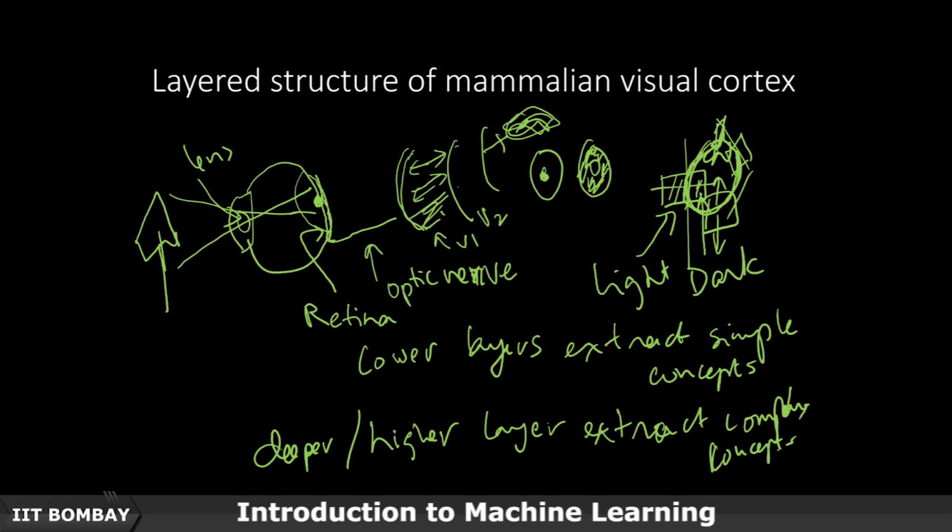Other things are that the kind of work that is done in the lower layers is usually self-repeating. There are different positions on the retina where we want to extract edges, but it's the same type of edge that we extract in different locations.